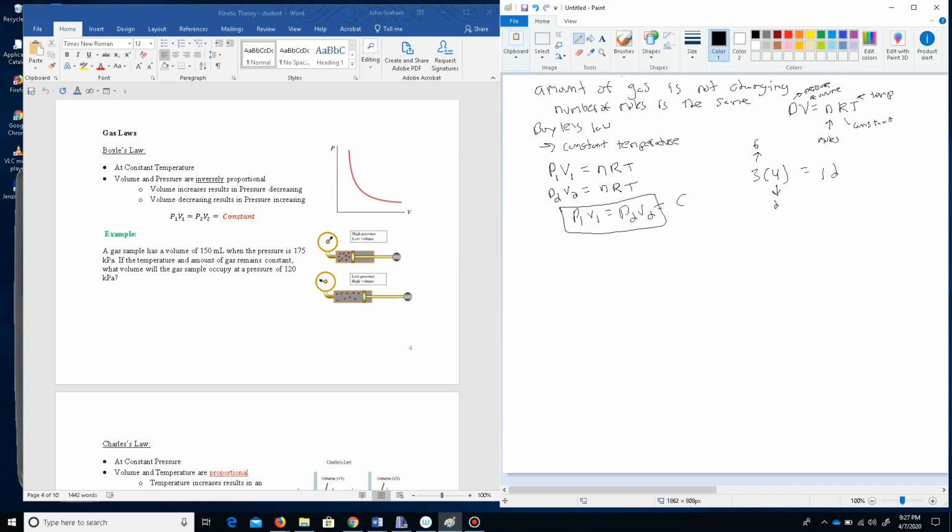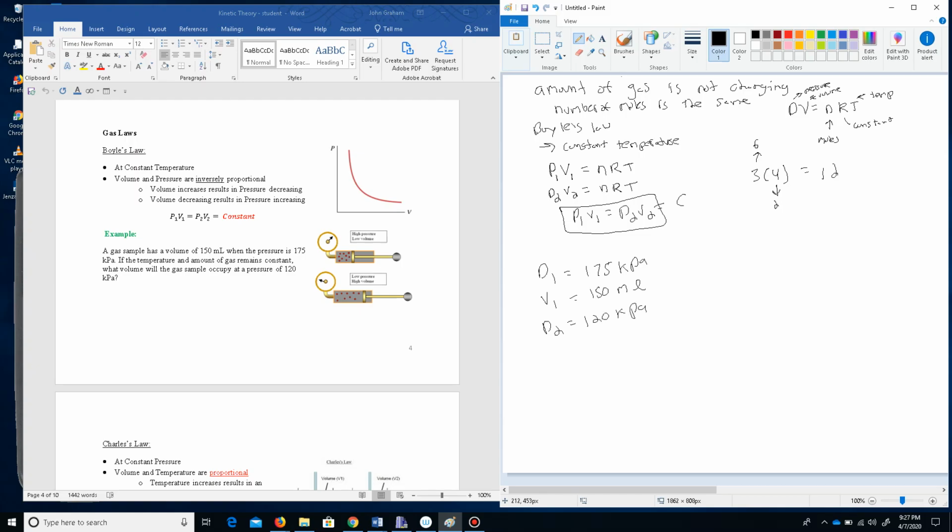If a gas sample has a volume of 150 milliliters when the pressure is 175 kPa, and the temperature and amount of gas remain constant, what volume will the gas sample occupy at a pressure of 120 kPa? So P1 is 175 kPa, V1 is 150 milliliters, and they tell us pressure 2 is 120 kPa.